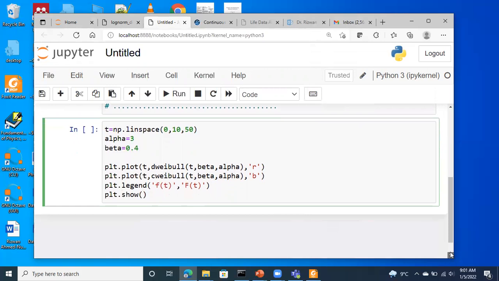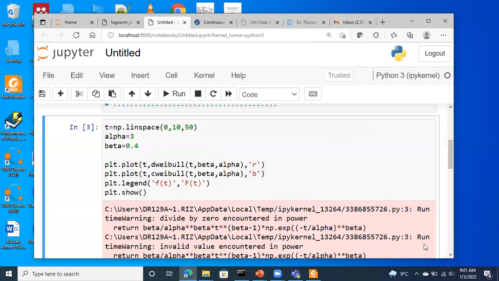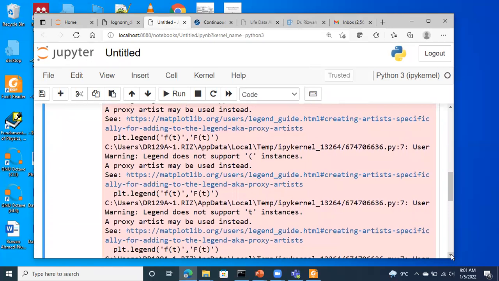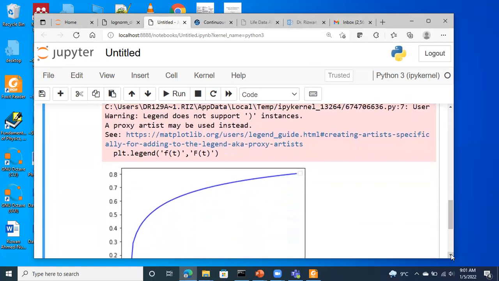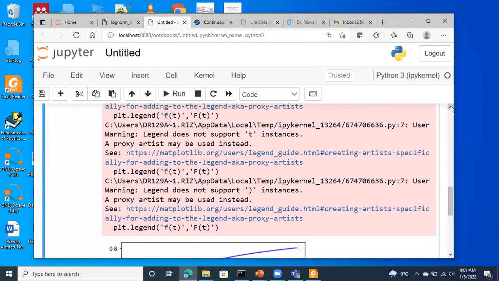So let's see the working of this program segment. So many errors have been returned. plt legend. Okay, we have got one graph, blue line has appeared.